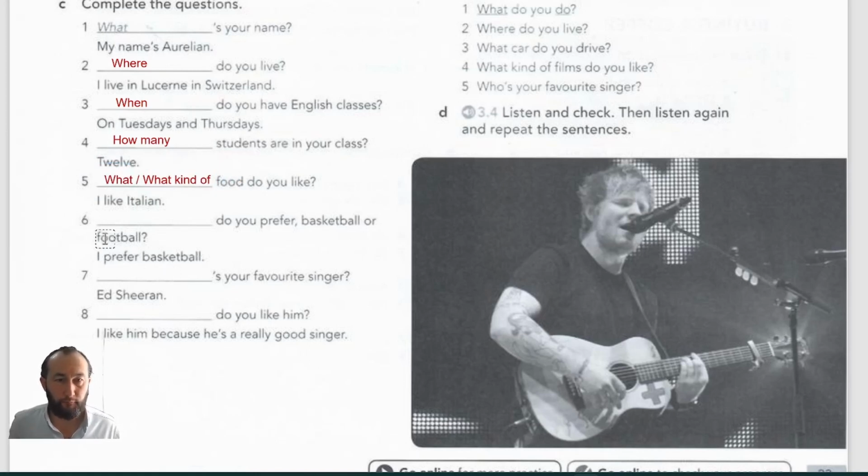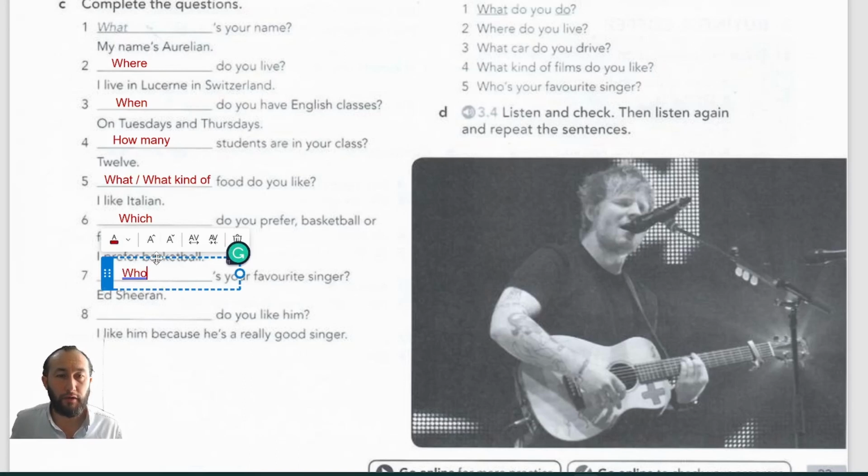I like Italian. Number 6, the answer is I prefer basketball. So which? Question word is which. Which do you prefer? Basketball or football? I prefer basketball. Number 7, Ed Sheeran. So that must be the name of a singer. So person. So who's your favorite singer?